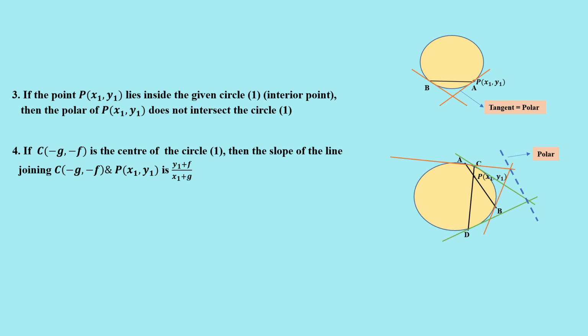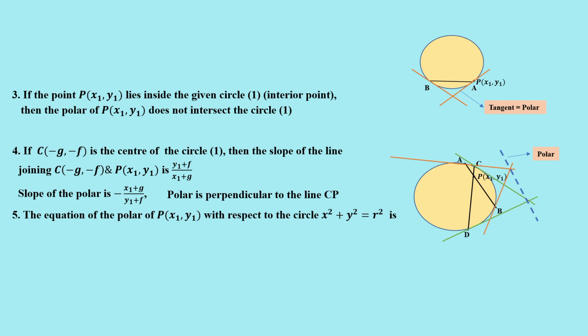The polar is perpendicular to the line joining the points C and P. So the slope of the polar will be minus (x1 plus g) by (y1 plus f), the negative reciprocal. If m is the slope of one line, then the slope of its perpendicular line is minus 1 by m. Reciprocal, and you have to add the negative sign. So the polar is perpendicular to the line CP.